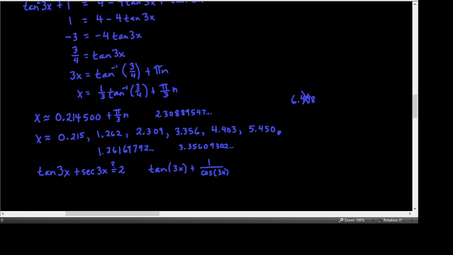Okay, so in my check of these, I got 0.215 was good. 1.262 was extraneous. 2.309 was good. 3.356 was extraneous. And it looks like they alternate good, bad, good, bad.